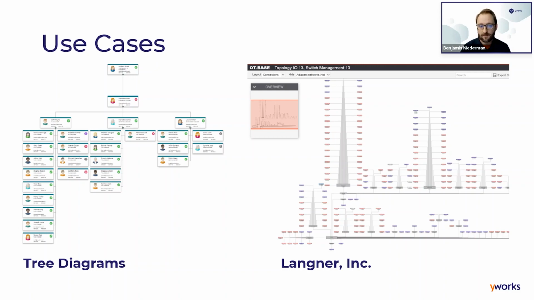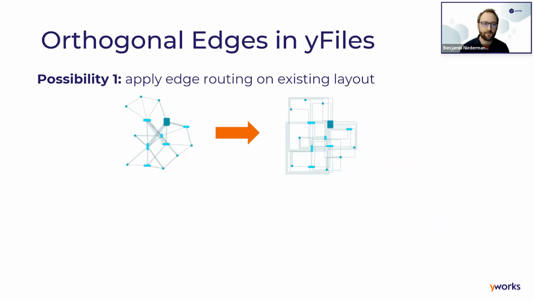And so now I have shown you some examples of how you can use orthogonal layouts, and you obviously can do this with yFiles, but the question is, of course, how can you do this? There are different possibilities for how to achieve this with yFiles.